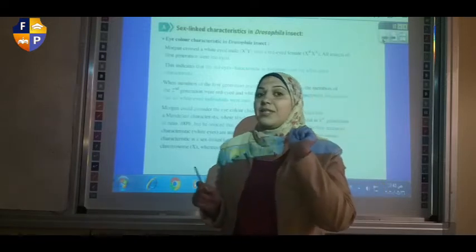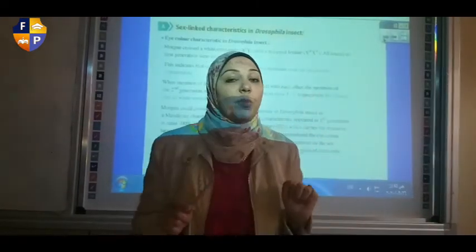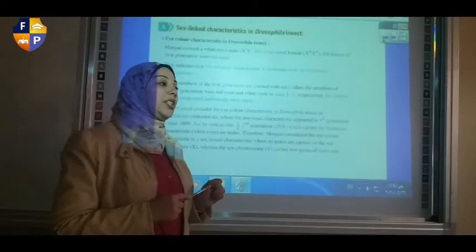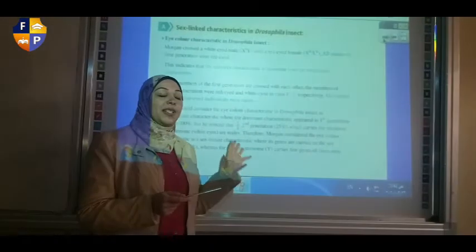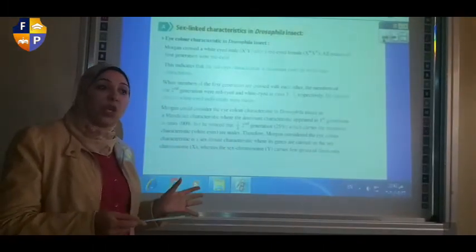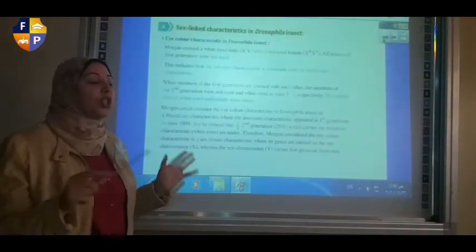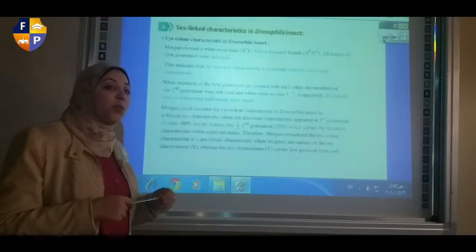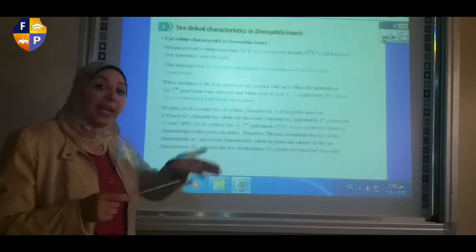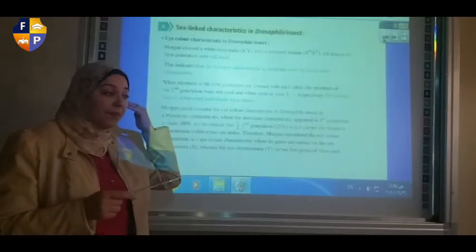So is the red color dominant or recessive? Yes, it is dominant. In the second generation, he observed that 75% of the fruit flies carry red color, while only 25% carry white color. So the dominant is red, while the recessive is white, as Mendel said before.